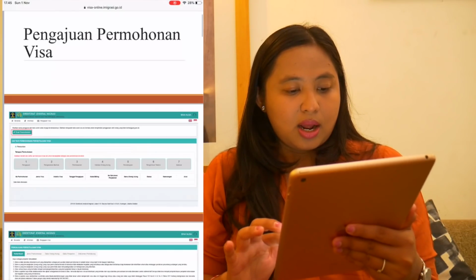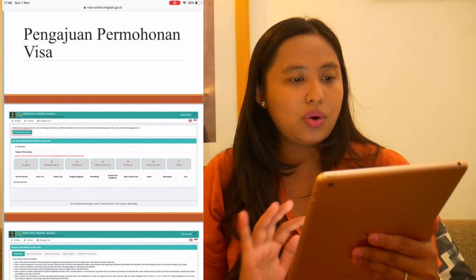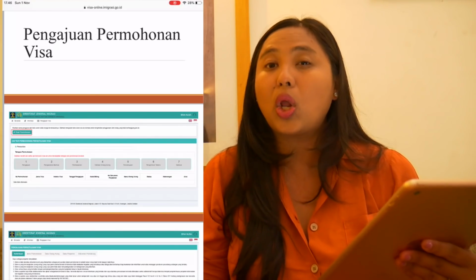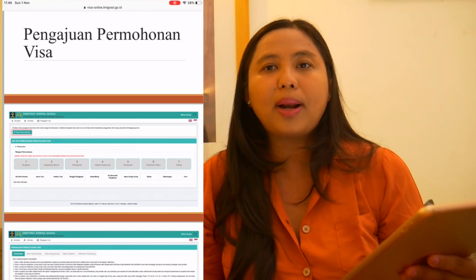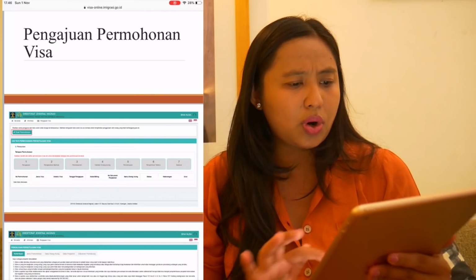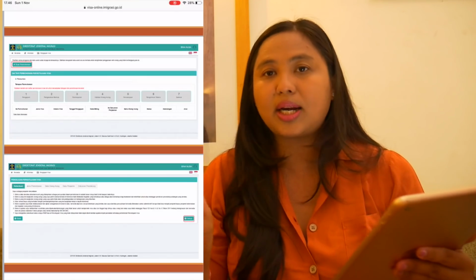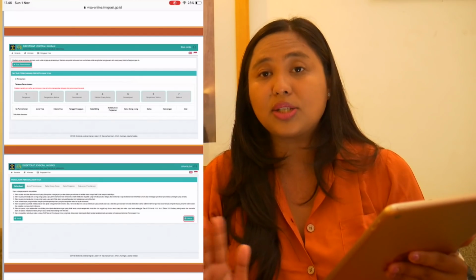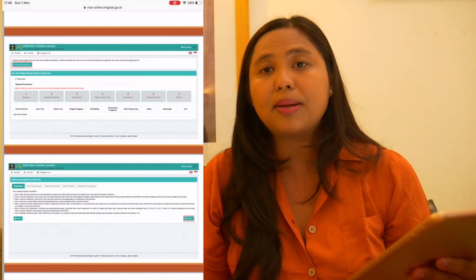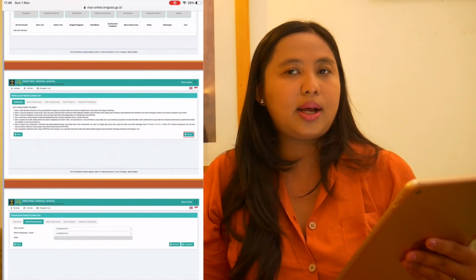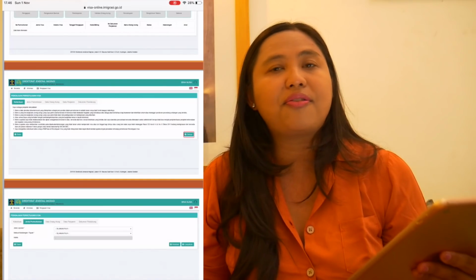So in here you will also see how to apply if you are a local, how to apply to be a sponsor. There are 3 main documents that you have to prepare: your KTP, your identity card, which must be an eKTP, then your birth certificate, and also your kartu keluarga, the family card.